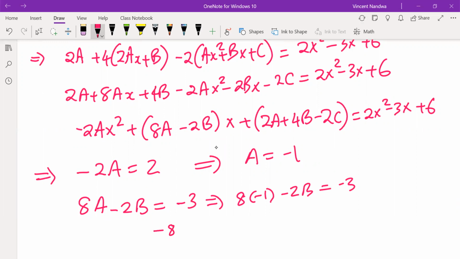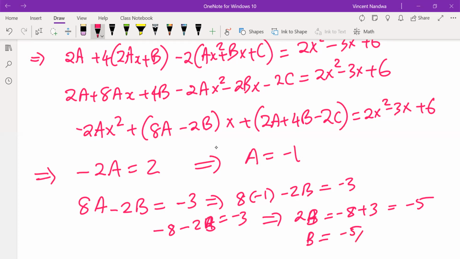So minus 8 minus 2b equals minus 3. So which means 2b equals minus 8 plus 3, which is minus 5. So b is minus 5 over 2.